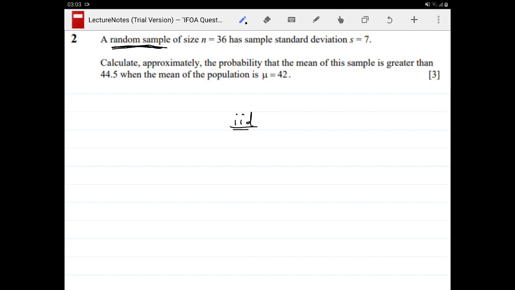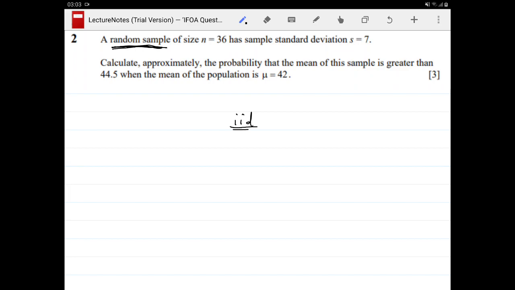We're asked to calculate an approximate probability on some statistic of the random variables. Specifically, we're asked to calculate a statistic on the sample mean. Other times they can ask you to calculate a statistic on the sample sum, essentially.